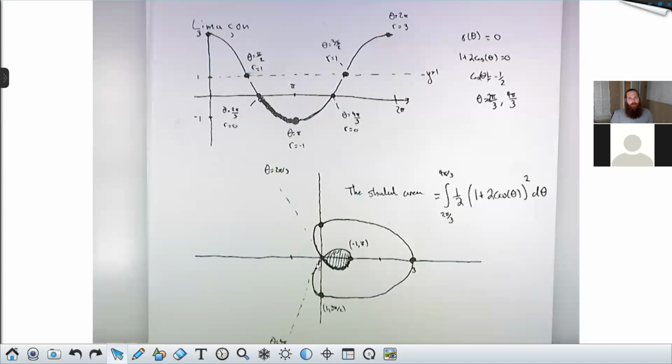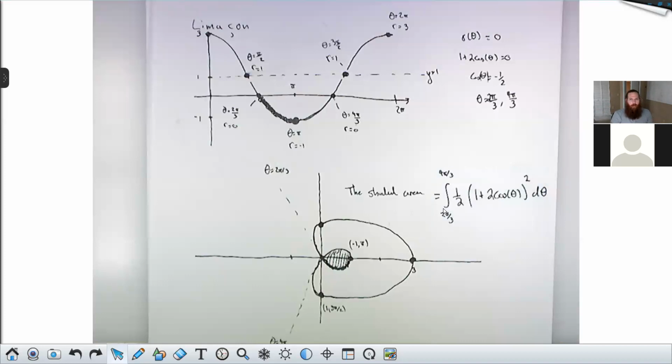So I want to find the area of this loop, which means I need to identify what theta values correspond to this part of the curve. If you remember, this part of the curve right here, this dark shaded part, came from this dark shaded part. So the whole point here is when you go to set up an area problem, you have to have drawn the graph by hand in order to be able to realize that. Yeah, I don't mean to give you a hard time at all.